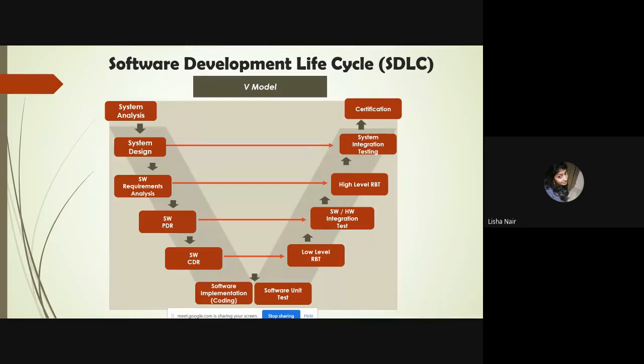Right now we work on simulator benches. On the system integration bench, they wouldn't know about the internal software. They just worry about the system requirements and see whether the requirements are met. Once all these phases are crossed, then we certify it as good software.